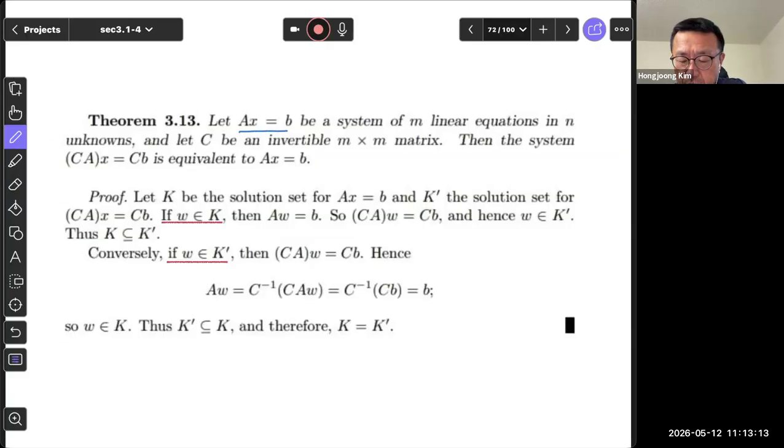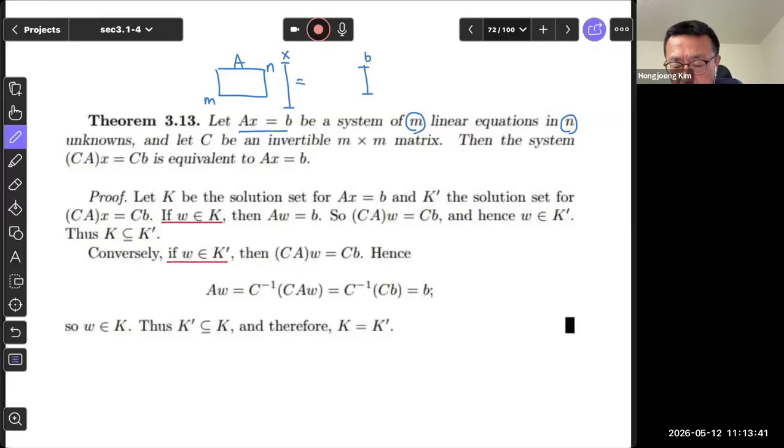Now, Ax equals b is a system of m equations in n unknowns. So your A is an m by n matrix, and x is a vector with n entries, equal to the b vector with m entries.